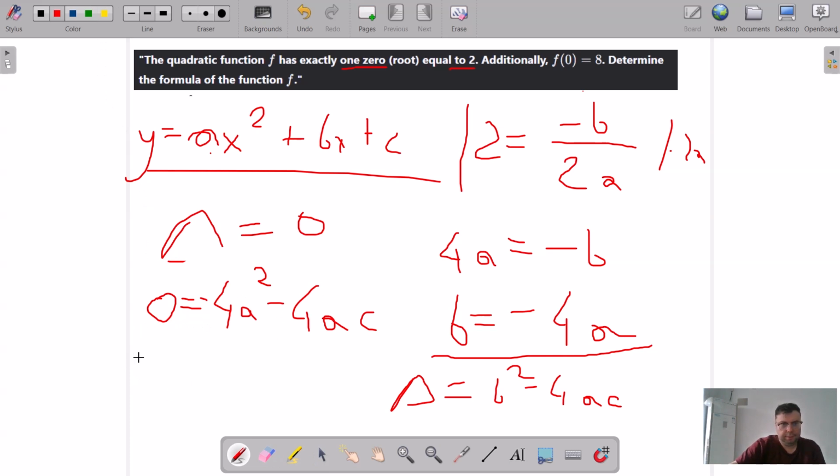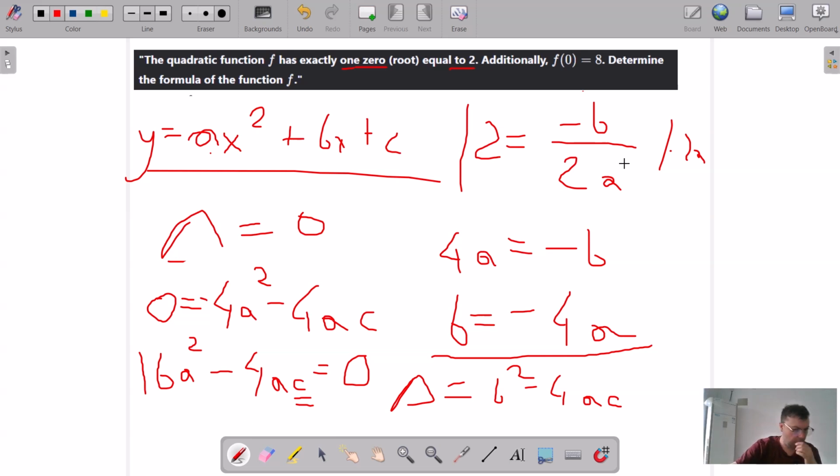So if we square 4 it will be 16, and we keep the a: 16a squared minus 4ac equals 0. It would be good to know what c is, right? If you don't know what c is, you will struggle solving this quadratic equation.